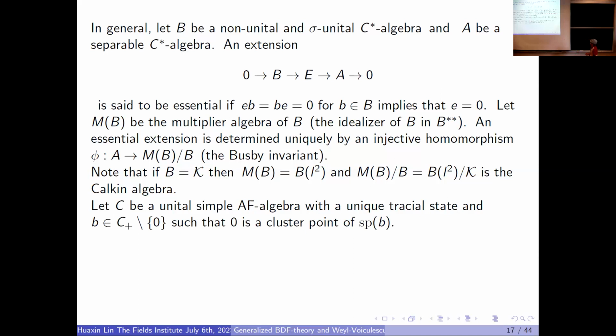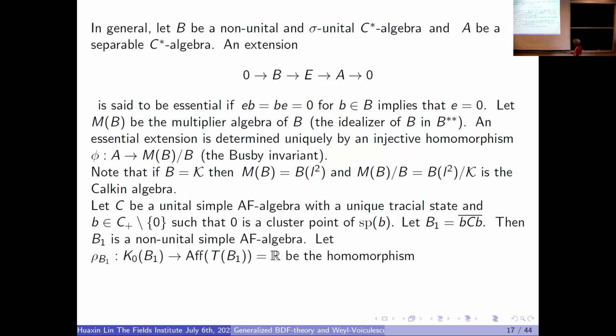Okay. Then we look at a hereditary subalgebra, making sure it is not unital. So this is a non-unital simple AF algebra. And let's use this notation for the pairing of K0 with the traces.